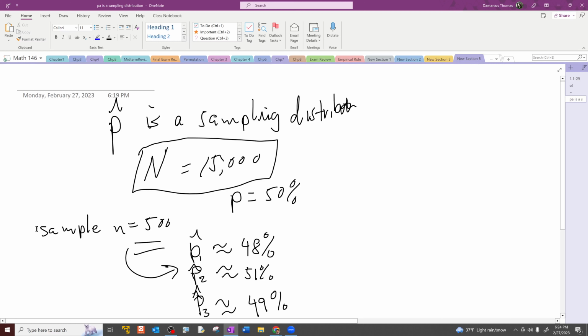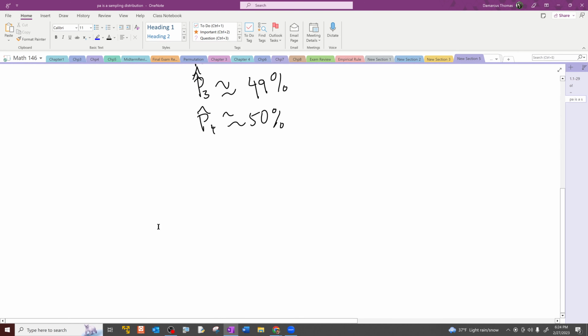There's going to be quite a lot of different sample proportions of 500. But what we want to do is describe the distribution of them.